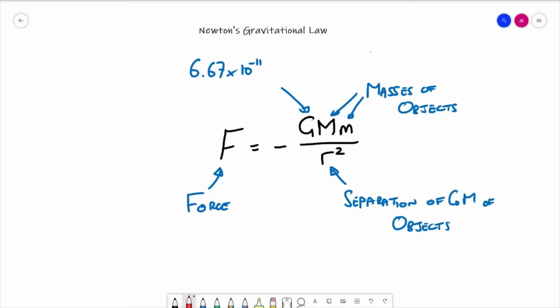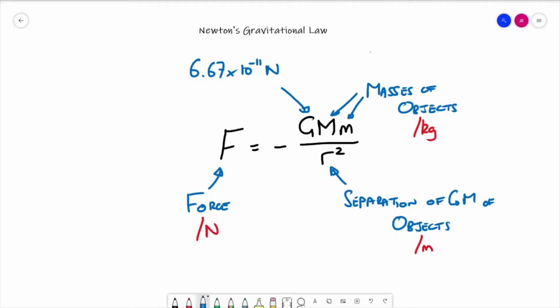From a units point of view then, force as usual will be measured in newtons, the masses will be measured in kilograms, and the separation will be measured in metres. Now for the universal gravitational constant, remembering our rules around units, that we must have the same on both sides, firstly we definitely need to have newtons in there because of the force on the left hand side.